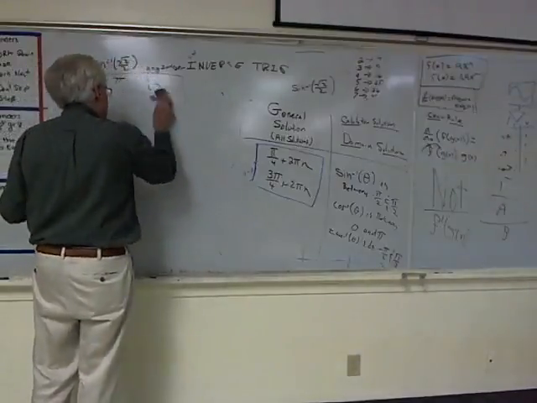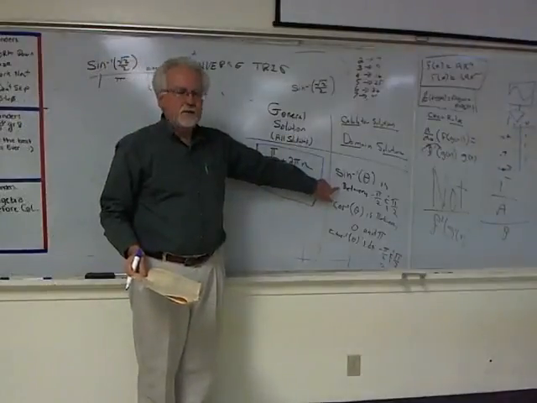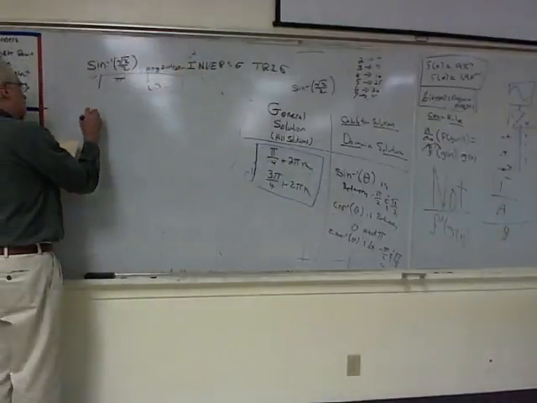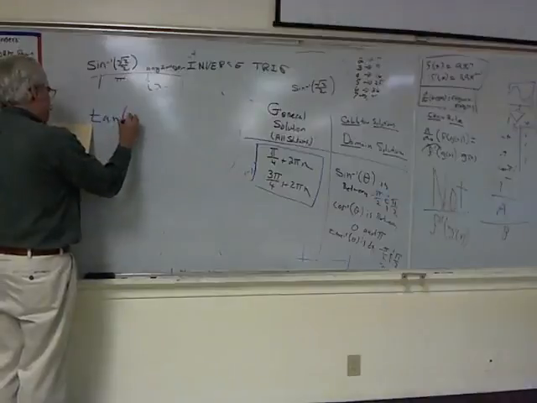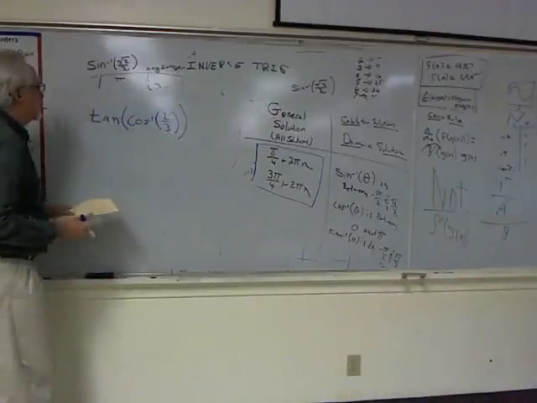So if I have sine inverse of sine of theta, that's just equal to theta. I want the sine of theta, and then I want to know what angle has a sine of the sine of theta. Well, it's theta. So you're just undoing it.